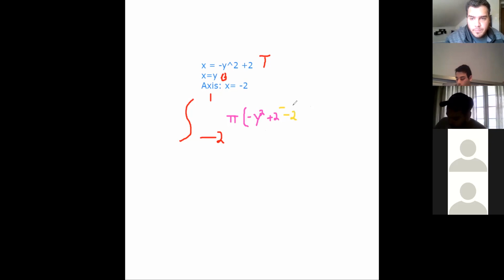Then we close the parentheses and square it, and you could rewrite that as plus 4. That's going to be subtracted by the smaller version, which is much easier. It's just y, but we can't forget that minus negative 2, all squared, and then we have a dx.